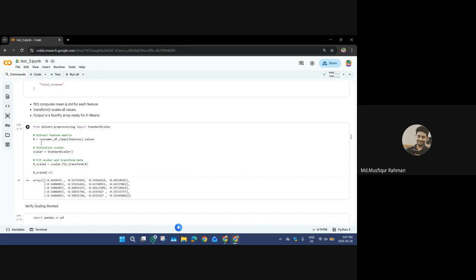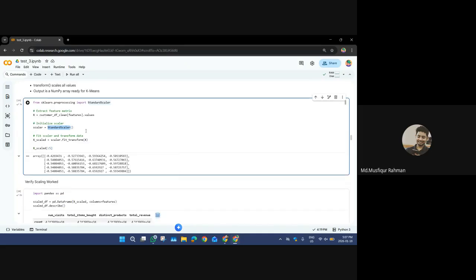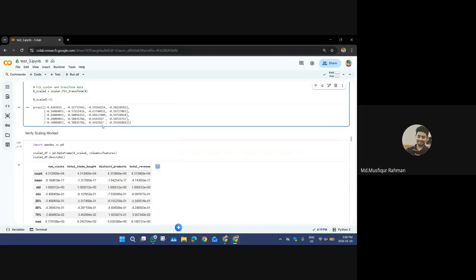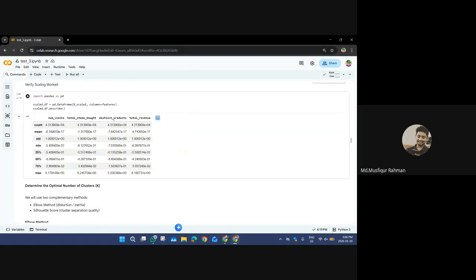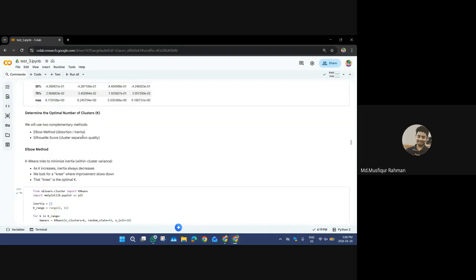So here we use the function called standard scaler, and it scales the data to fit into the distributions. So here we recalculated all the statistical values like mean and standard deviation in the same scale.